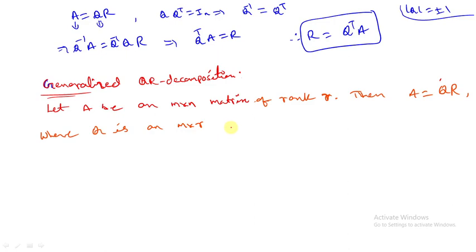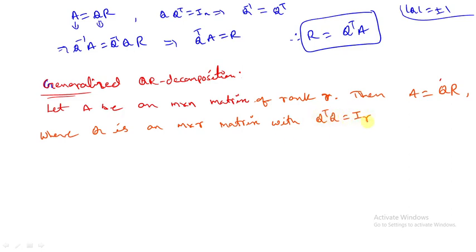It is an M by R matrix with Q transpose Q equal to identity IR, but not Q Q transpose.